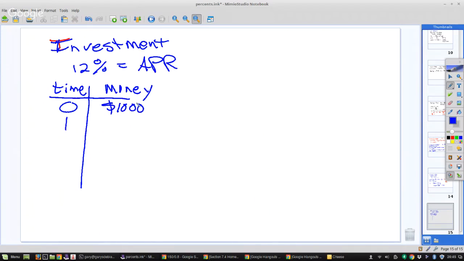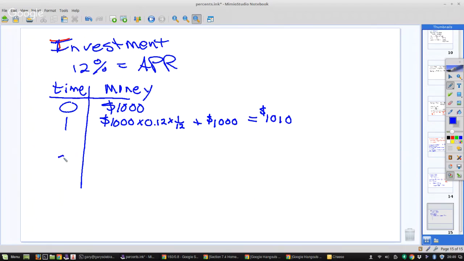After 1 month, what's going to happen is they're going to say, well, cool, you have $1,000 in our account, and we owe you 12% on that, but only 1 month has gone by, so then they're going to multiply by 1/12, and then they're going to add that back onto your account, which had $1,000 in it. All right, so that is 1% of 1,000, which is $10. So now you have $1,010 in your account after 1 month.